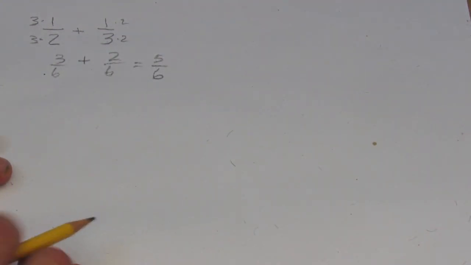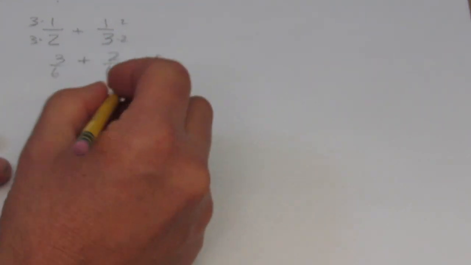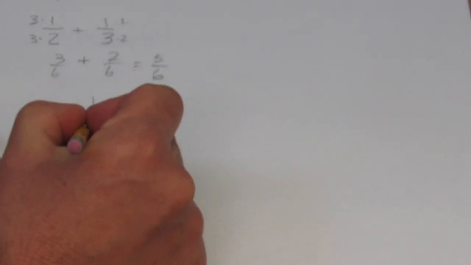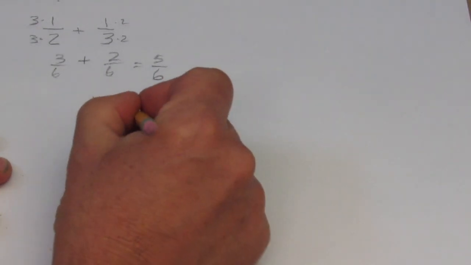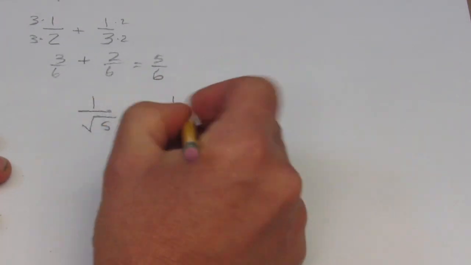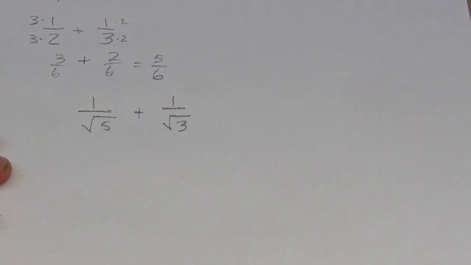Well, let me ask you something. Excuse those hairs all over the place. Let's say we had a fraction like 1 over the square root of 5, and I had to add it to 1 over the square root of 3. Does that look very easy to anybody out there? No, it really doesn't.